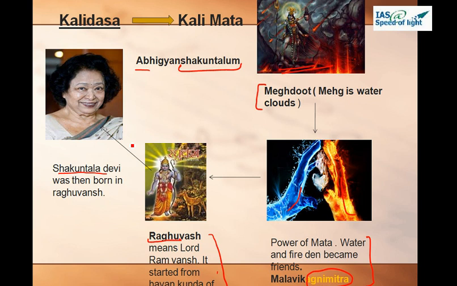Agni Mitra. Then what happens when Agni Mitra, the fire and water, become friends? Starting of Raghuvansham, Raghuvansh, right? And in Raghuvansh, who took birth? It was Shakuntala Devi. Abhigyan Shakuntalam, Shakuntala Devi took birth.